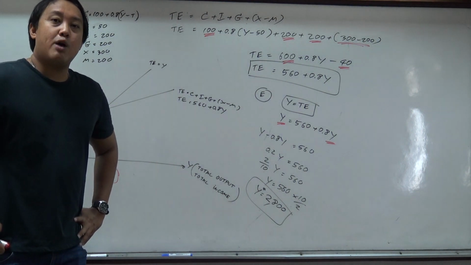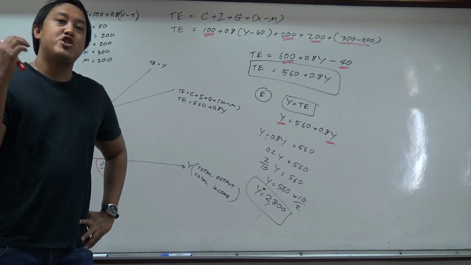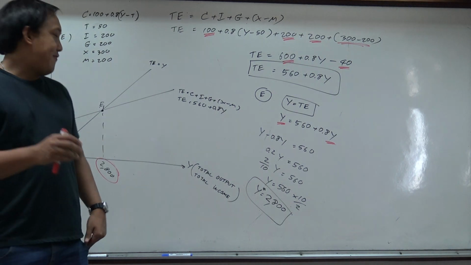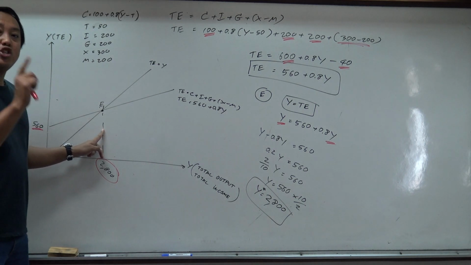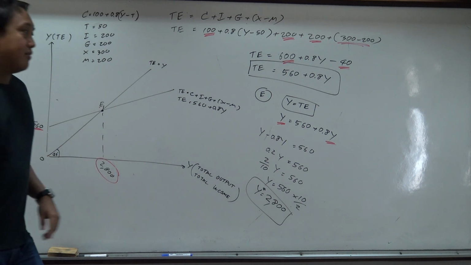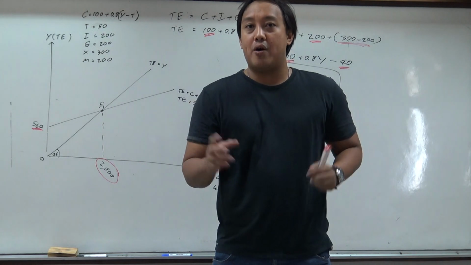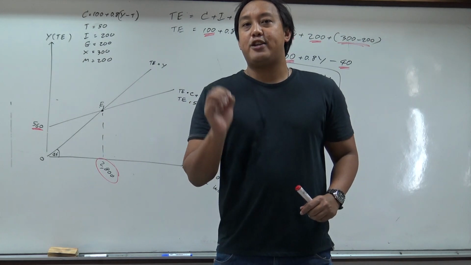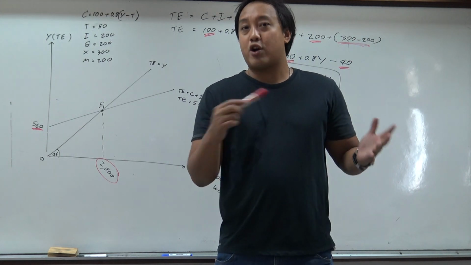Next thing that I want to show you is if some number changes, how it affects the equilibrium point. For example, if the government decides to spend more money on the economy, how does it affect the economy?